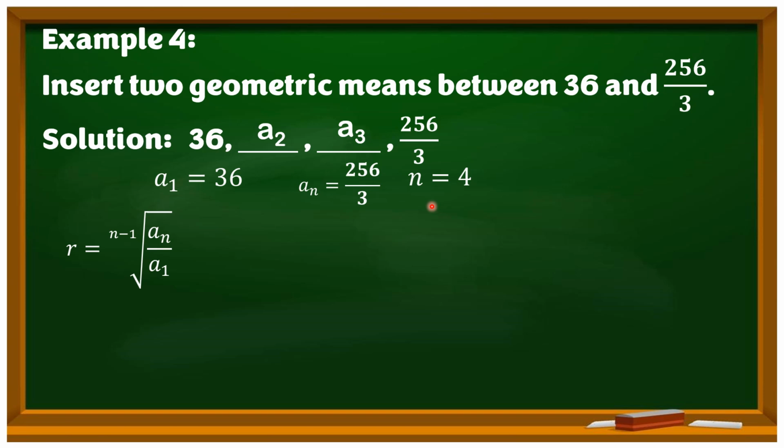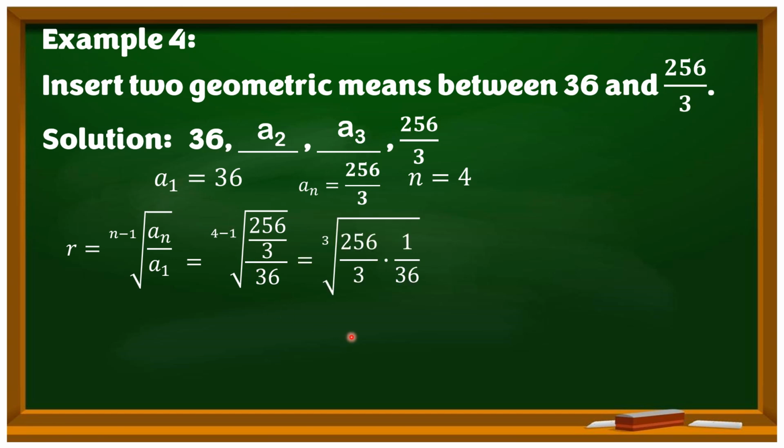Next, we're going to use the formula in finding the value of r. We're going to substitute the value of n, which is 4, the value of a sub n, which is 256 over 3, and the value of a sub 1, which is 36. And then next, we're going to simplify. 4 minus 1 is equal to 3.